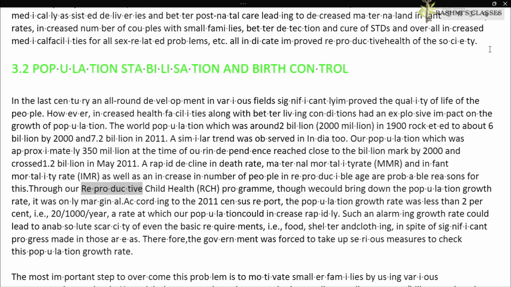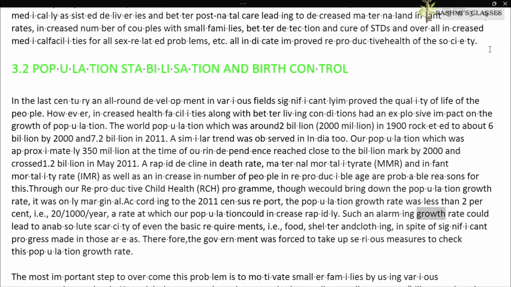Through our Reproductive Child Health (RCH) program, though we could bring down the population growth rate, it was only marginal. According to the 2011 census report, the population growth rate was less than 2%, i.e., 20/1000/year, a rate at which our population could increase rapidly.